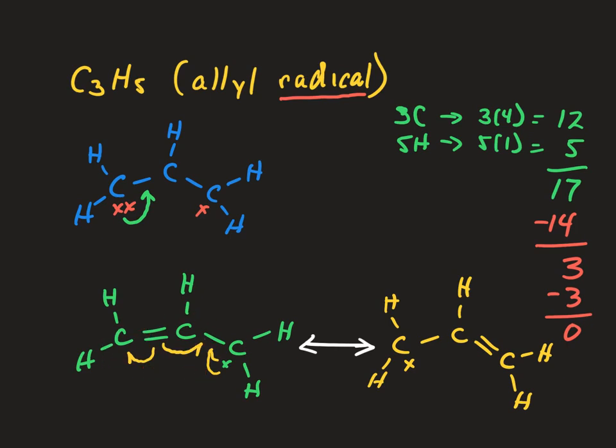If we want to consider the resonance in reverse, again we use an arrow with half an arrowhead. That electron can move in and pair with that one, and then the extra electron can move back there, and that would convert this structure into that structure. So here we have, again, two equivalent resonance structures, in this case for a free radical species.